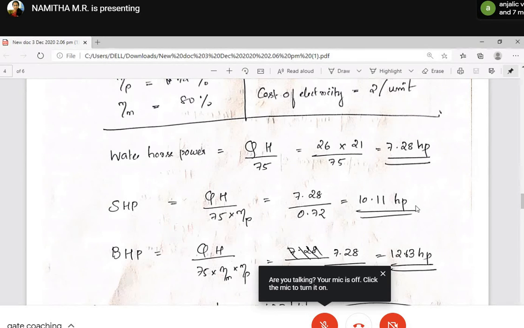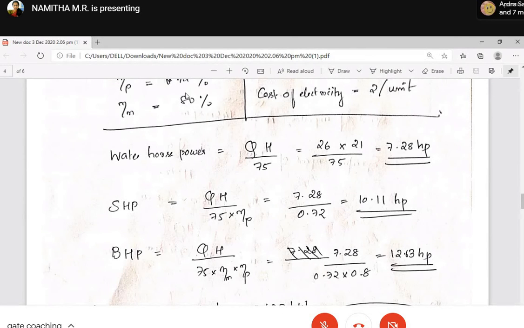And they have given motor efficiency is 80%. So we can calculate the brake horsepower as QH divided by 75 into pump efficiency into motor efficiency. So you'll get 12.63 HP. Now I'm asking you one question. Why are you finding all these BHP, SHP and all?